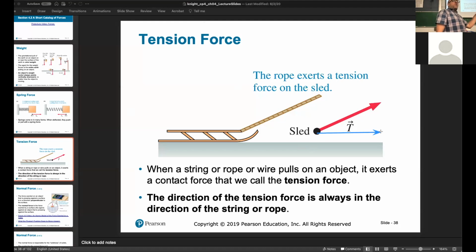And that's the component that's going to make the sled accelerate. Okay. So if we knew the angle of our rope, then we could find the X component in the string there. And then we also have a Y component. That part is not going to help the sled accelerate at all. It's only the component of tension in the direction of the plane that is going to make our sled speed up. Okay.